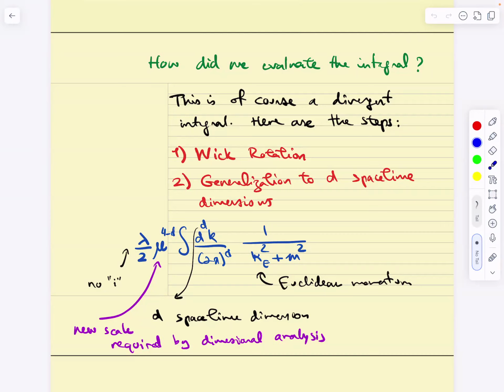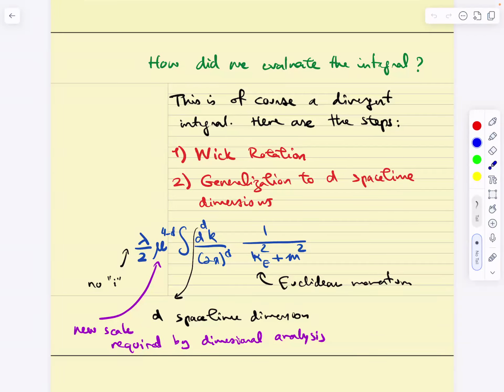What we should be calculating is this, and I'm not going to put these. These are Euclidean. This diverges. This diverges.